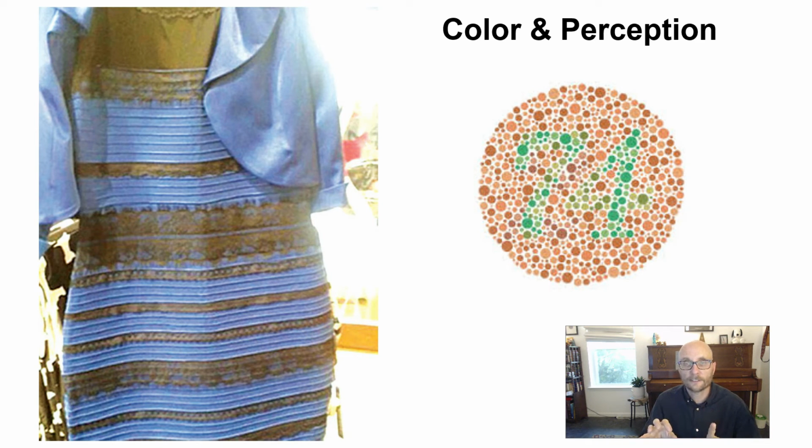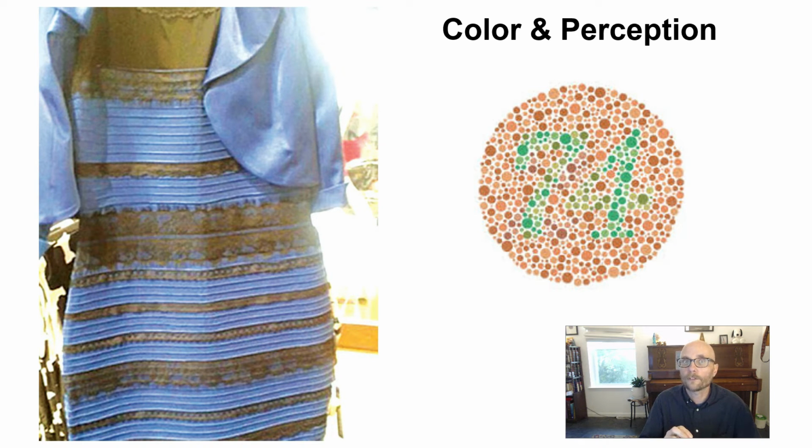We already touched on this topic when we talked about Josef Albers, and remember the brown stripe and how it looks different because of complementary contrast. But we all perceive the world differently because our eyes work differently, our brain processes information differently. And the image on the left is a very controversial image.